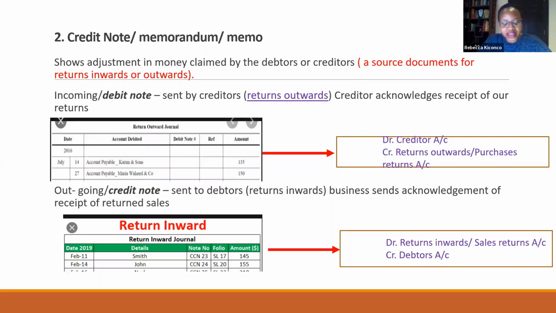So let's say that your business is XYZ and you deal in stationery.